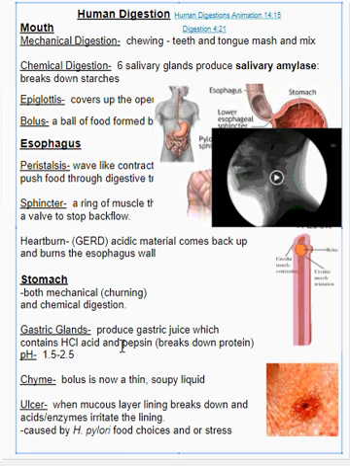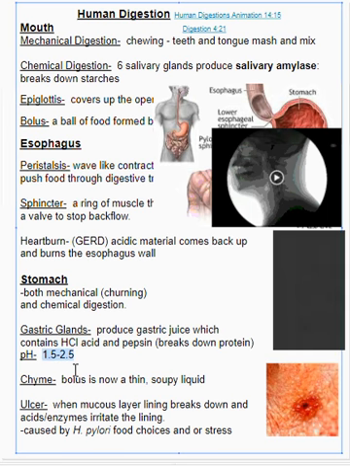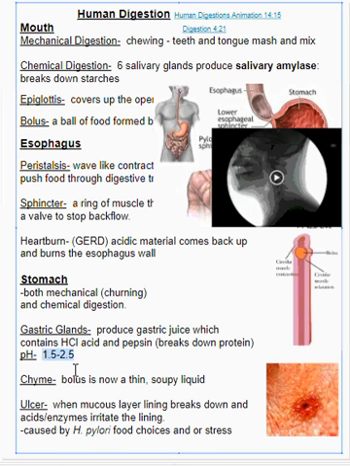It has a group of enzymes that are known as pepsin, and it also produces hydrochloric acid, which makes the pH of the stomach very acidic, somewhere between 1.5 and 2.5 on the pH scale, which is pretty significantly acidic. And we'll find that it doesn't stay that way for long.